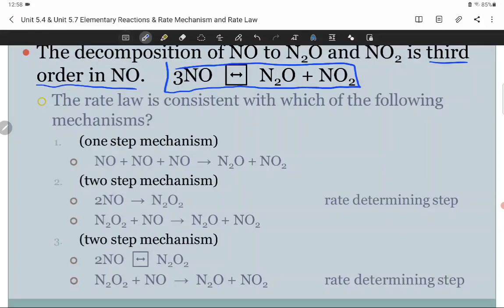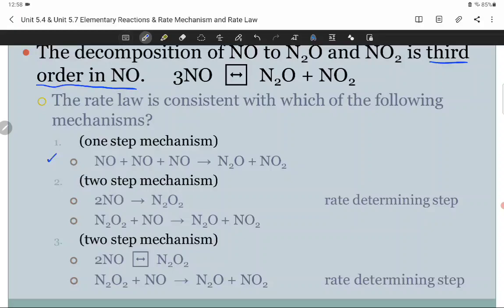So let's take a look, do these mechanisms match up with the balanced chemical equation? NO, NO, NO, that's 3 NOs, making N2 and O2, making N2O and NO2. So that looks like that works. So in terms of balancing, that mechanism looks pretty good.